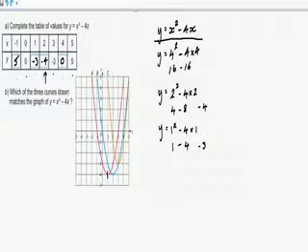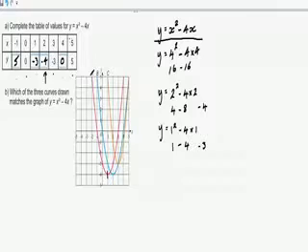If we go to 5, 5, so we go along to 5 and then up to 5, we can see that 2 of the lines hit that point. The blue and the brown line both go up to that point, but the pink line doesn't, so it can't be line A.